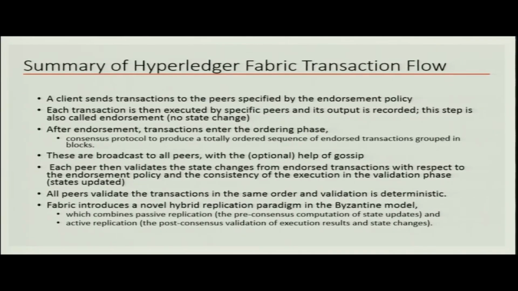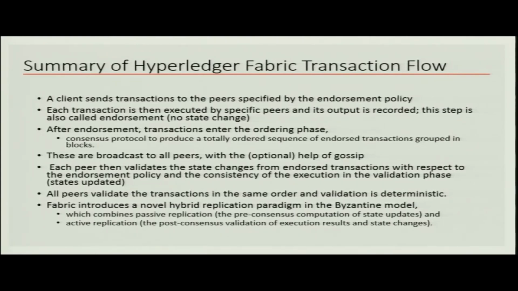After the broadcast to all the peers, each peer then validates the state change from the endorsed transaction with respect to the endorsement policy, and then the consistency of the execution of the transactions, by looking at the version numbers of the states of the data that is being read or written by this transaction.